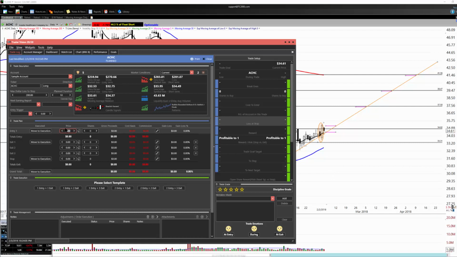And our stop is down here about 34.45. With our first target up here about 37.45. Why not?